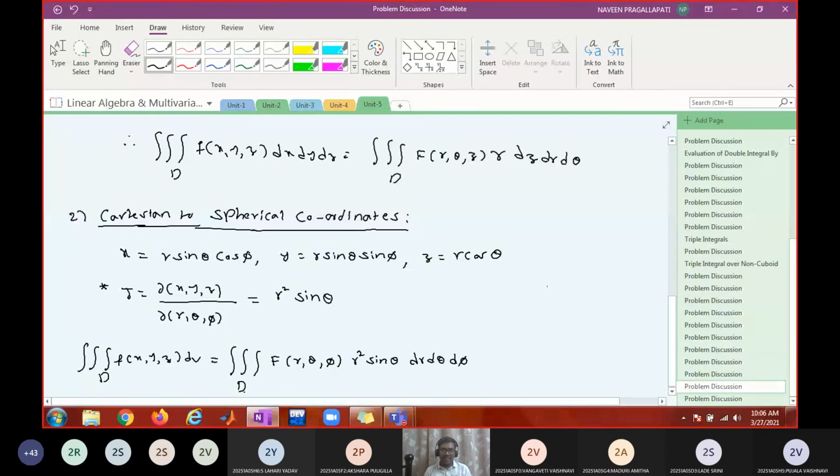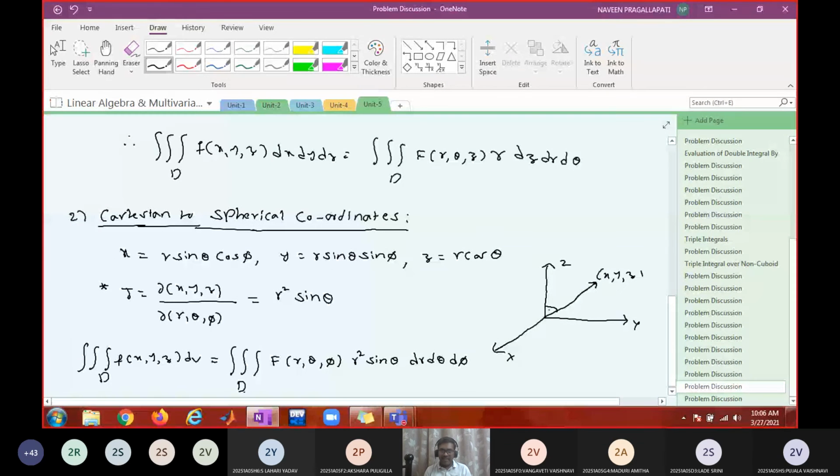Okay, and what are r, theta and phi? Generally, when you have a point, you have a radius vector like this. This is the x-axis, this is the y-axis, this is the z-axis, and this is the point x y z.